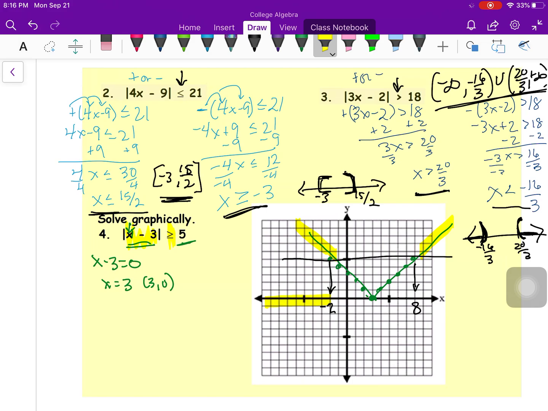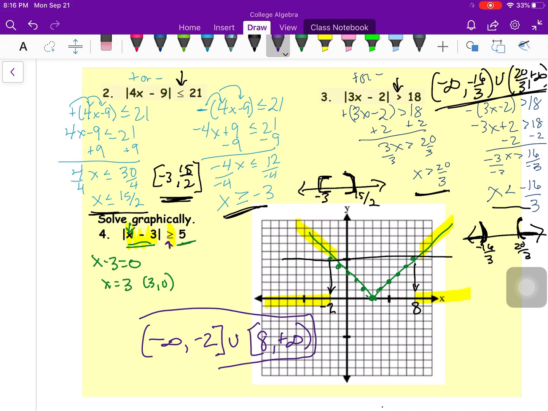So it's happening out here and out here. So that would mean from -infinity to -2. And it was an equal bar, so it would be a brace on the -2, union, a brace on the 8 to positive infinity. Again, greater than should be a disjoint set, so I do see I get that.